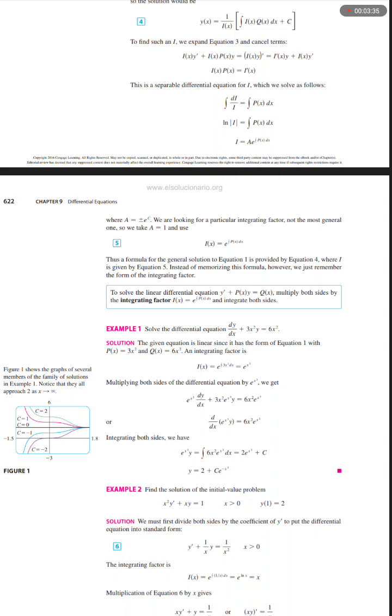So I(x) times P(x) equals I prime of x. This is a separable differential equation for I, which we solve as follows.